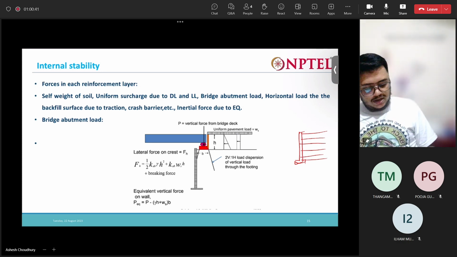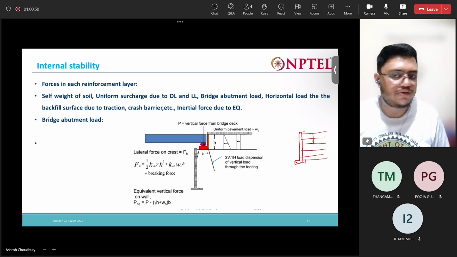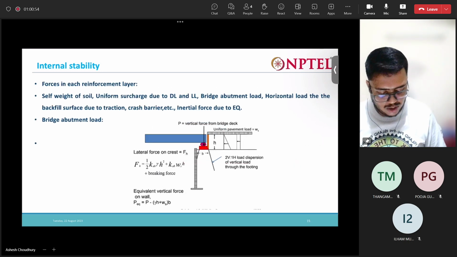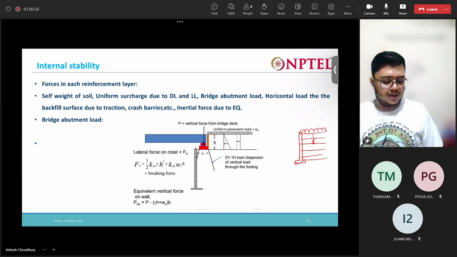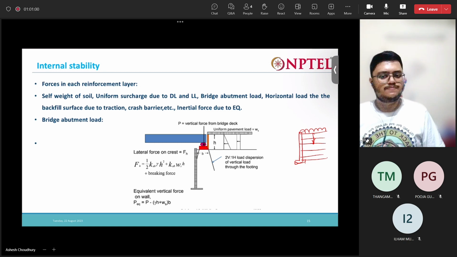In each reinforcement, one is the weight of the soil that is acting, nothing but the self weight of the soil. Then say you have a uniform surcharge at the top. Due to that uniform surcharge, a downward force also acts on the reinforcement.